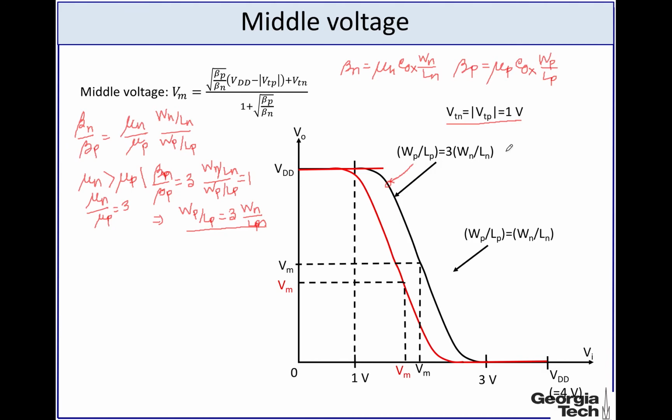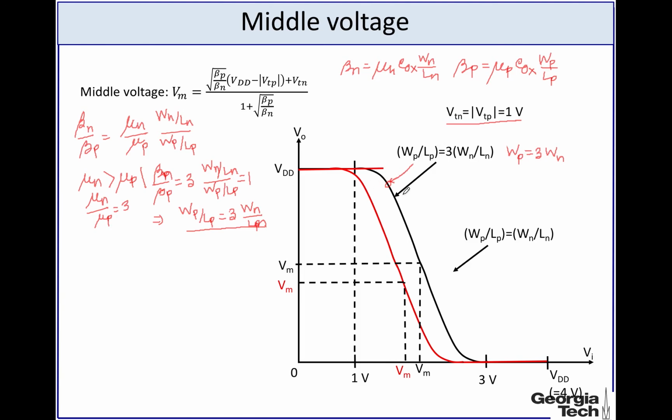Now if Lp and Ln are equal, then it essentially means that the p-type MOSFET is 3 times wider than the n-type MOSFET. All right. And again, if the threshold voltage of the n-type MOSFET is equal to that of the p-type MOSFET, you need to have the width of the p-type MOSFET 3 times larger than that of the n-type MOSFET, or the width to length ratio of the p-type MOSFET 3 times larger than the width to length ratio of the n-type MOSFET.